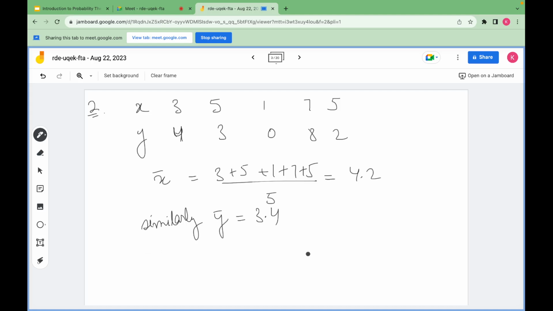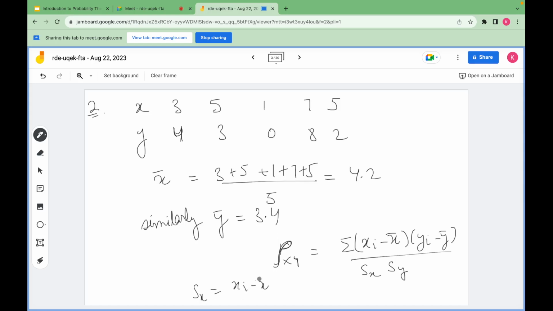Now the correlation coefficient is equal to the summation of xi minus x bar into yi minus y bar, divided by sx into sy, where sx is the square root of the summation of xi minus x bar whole square divided by n minus 1.